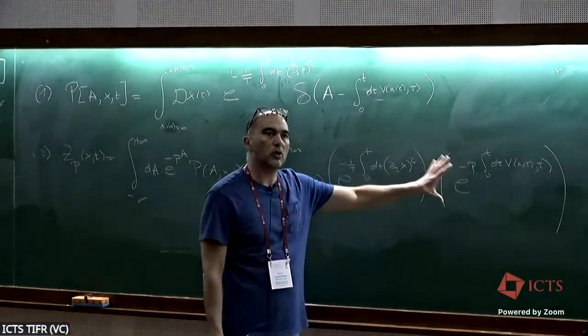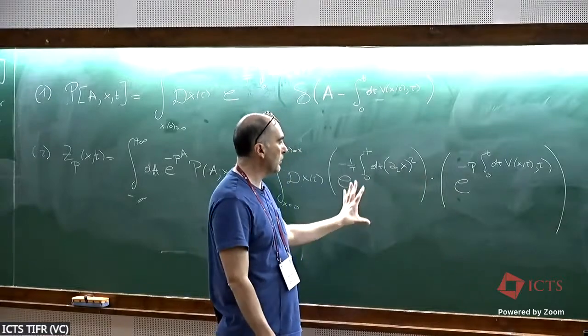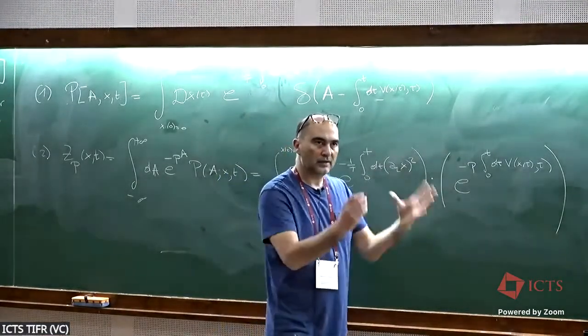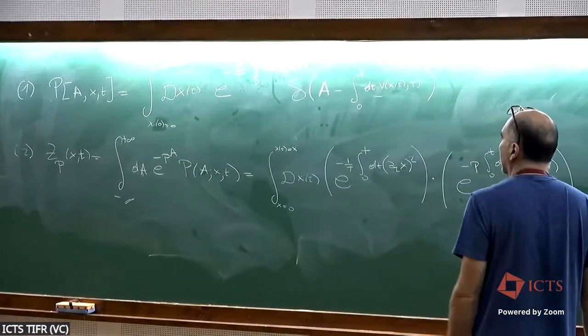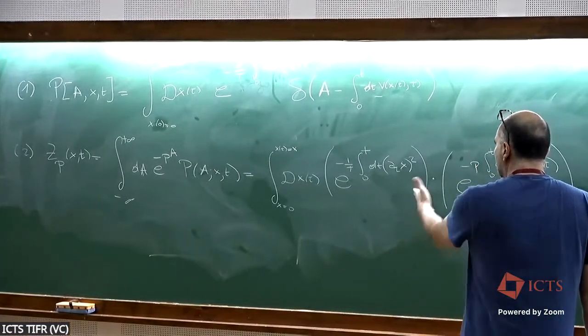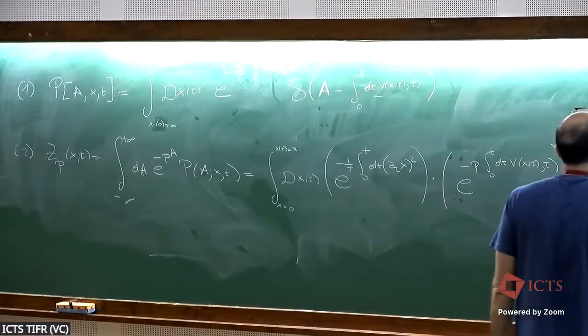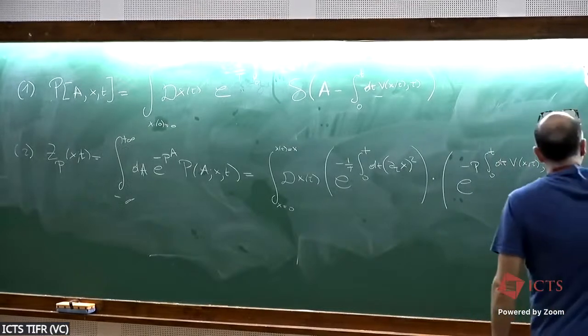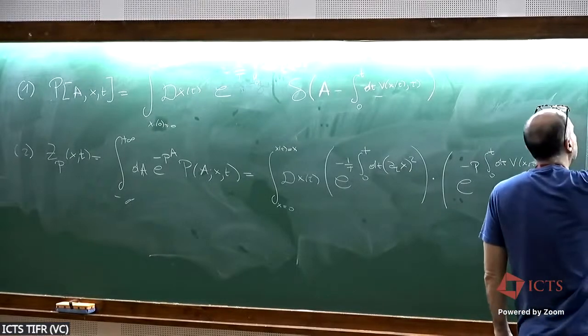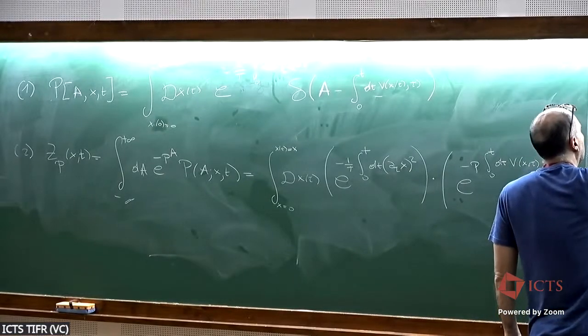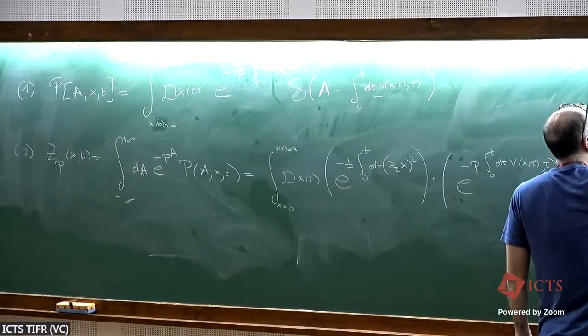It's not anymore part of the weight, the weight is here, and this is the observable I want to measure. Okay, and now using this trick, I can actually write Z_p(x) at time t plus delta t.